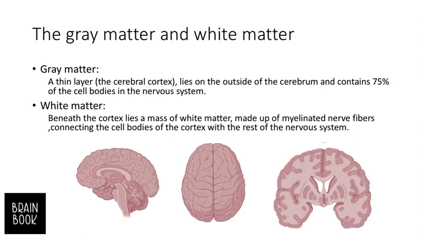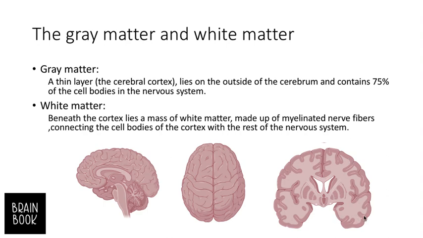Totally, the cerebrum is comprised of two different parts. They are named the gray matter and the white matter. The gray matter, as you can see here or here, covers the brain and is a thin layer that lies outside the brain.